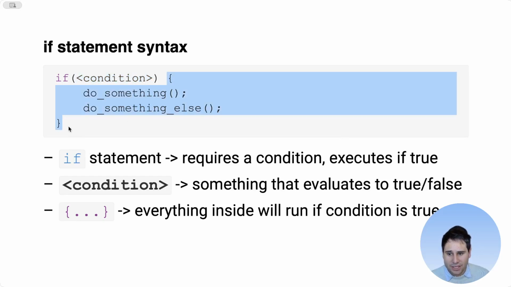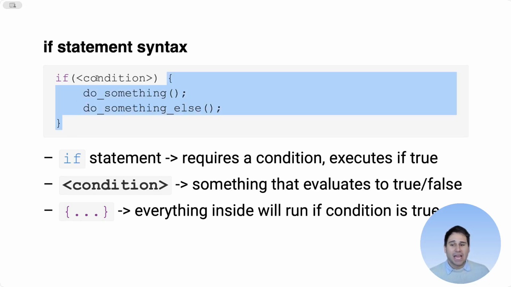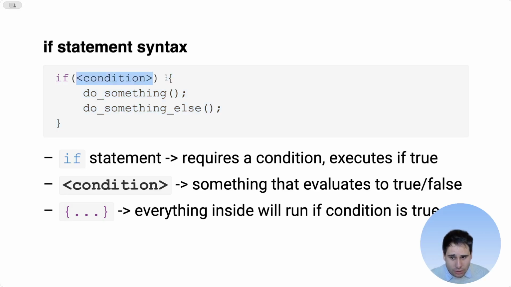Then we have these curly braces. This is a block. We've seen these before when we create the main function: everything in that block belongs to the main function. Well, everything in this block runs only if the condition is true. So this is how we form our if statements. If some condition is true, then you run everything in this block. If that condition is not true, we skip it.